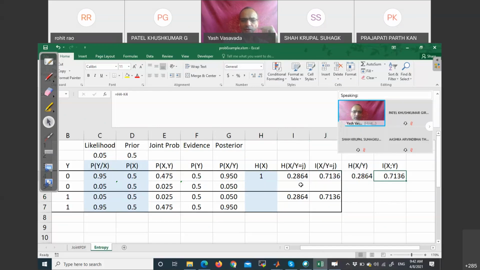So what does it mean? The source is generating 1 bit of information. But at the receiver, you are only getting 0.71 bit out. The rest of 0.28 bits is getting lost. Why is it getting lost? Because the channel is uncertain.